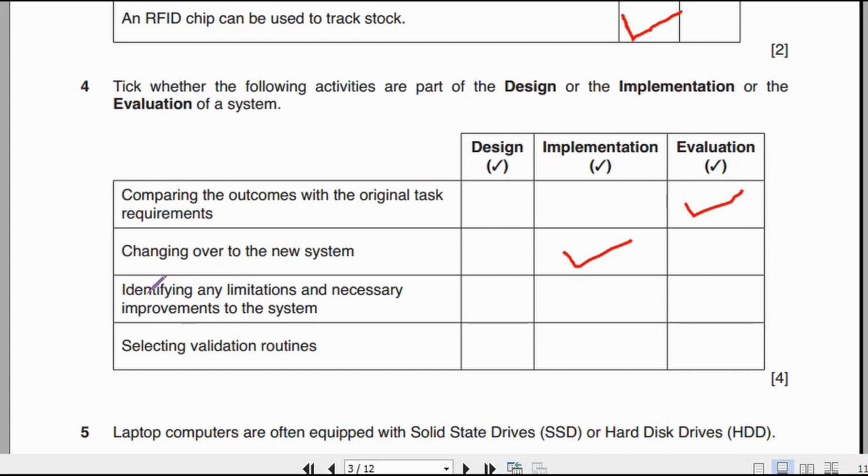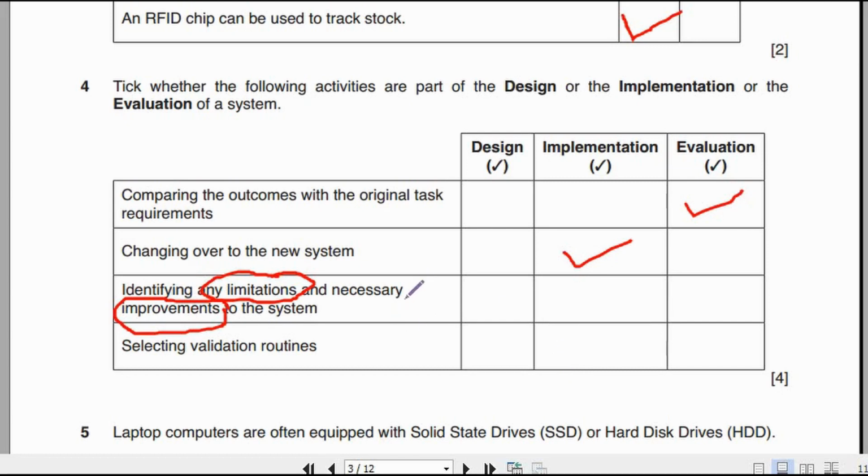Now the third one in the 4th question is identifying any limitations and necessary improvements to the system. So we are trying to identify the limitation. If you see here the words limitation and improvement, we are checking whether the system is okay, whether something is missing from it, or whether we want to improve it.